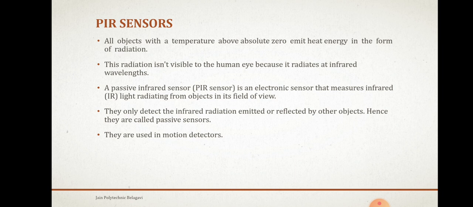A passive infrared sensor, that is a PIR sensor, is an electronic sensor that measures infrared light radiation from objects in its field of view, that is, within its sight.